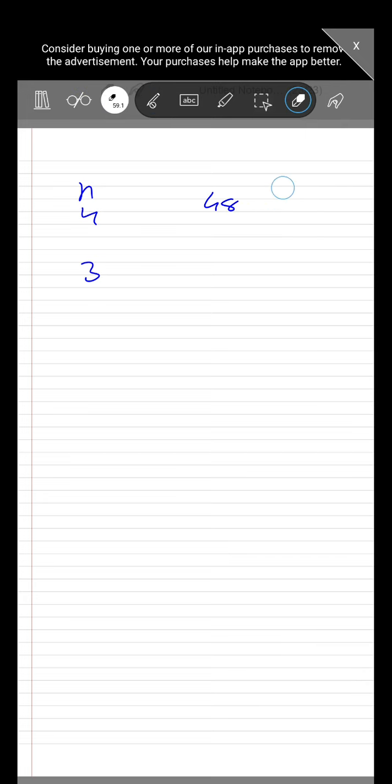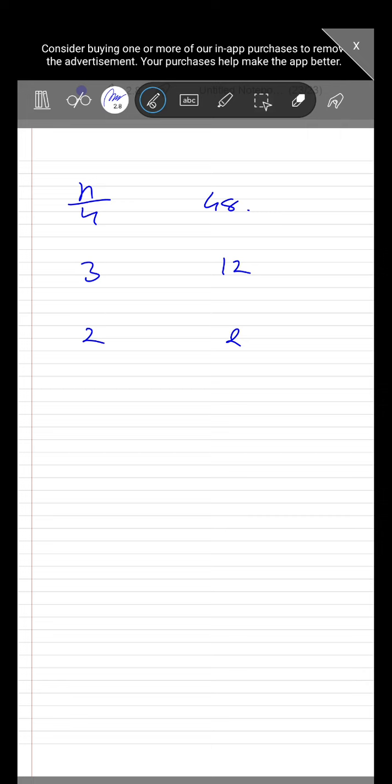For n is equal to 3, we are getting the value 12, and for n is equal to 2, we are getting the value 2. So based upon n, it can be said that this value is 48.